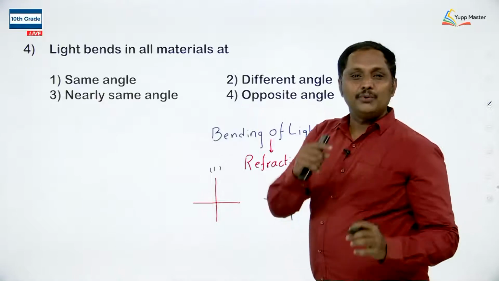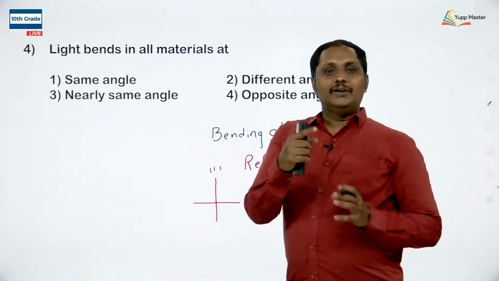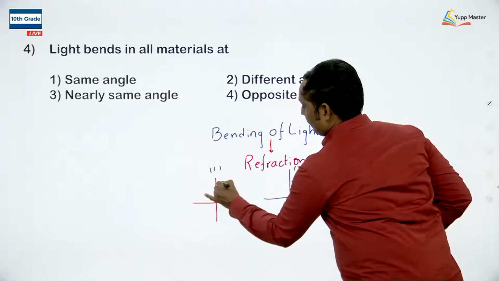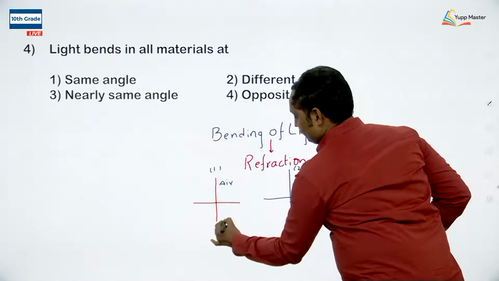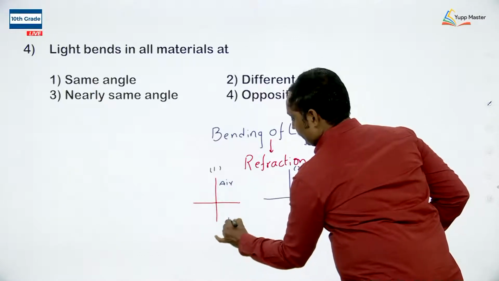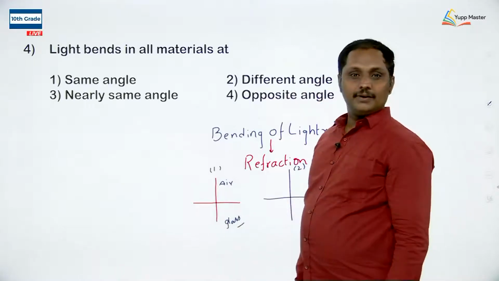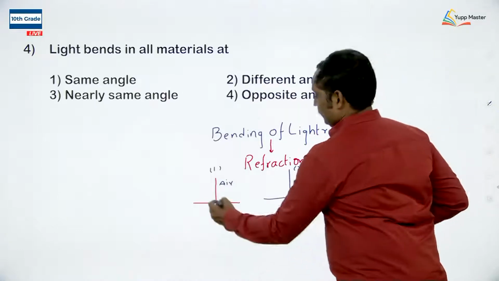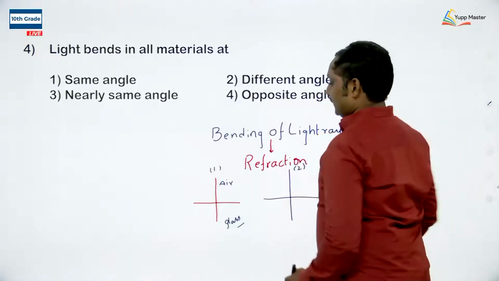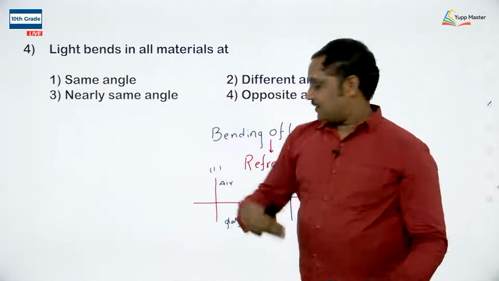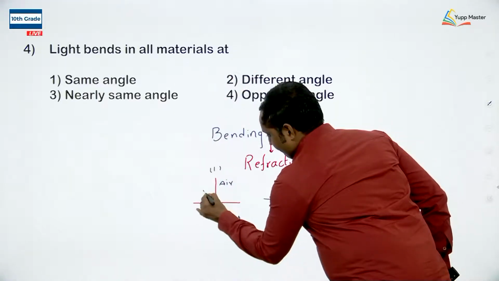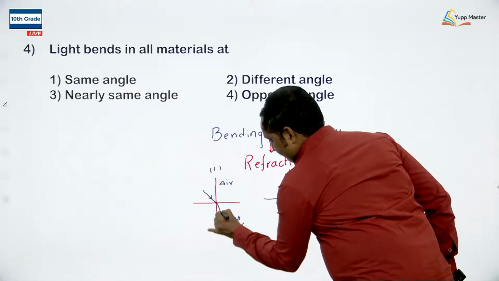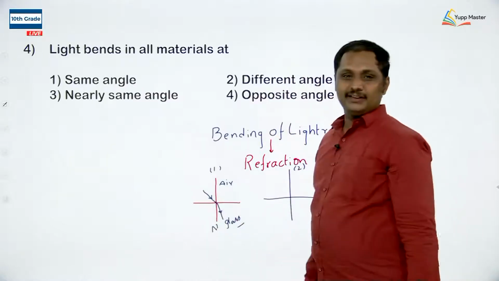Now, for example, observe whenever the light enters from the air medium to, let us assume, a glass medium. The incident light ray is going to be refracted, and this is the normal which we are going to take.